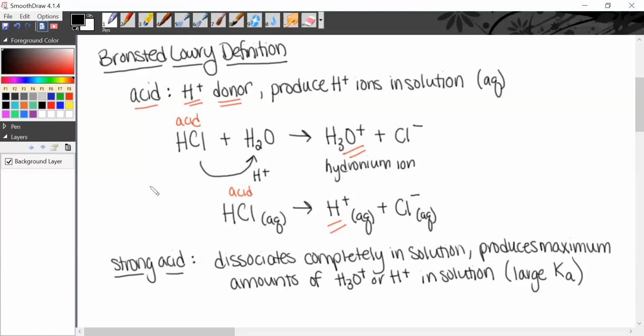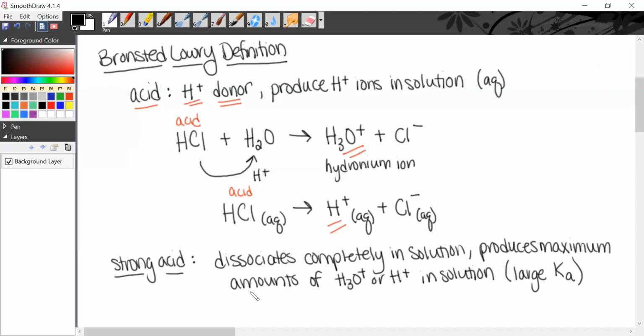So acids give away H pluses in solution, or produce H plus or hydronium in solution. Strong ones do it a lot. They go all the way to the right, they produce lots and lots of these products, and very little of this remains molecular, together.